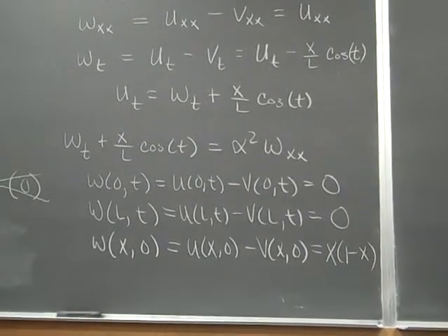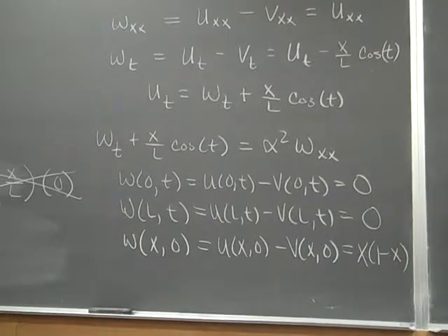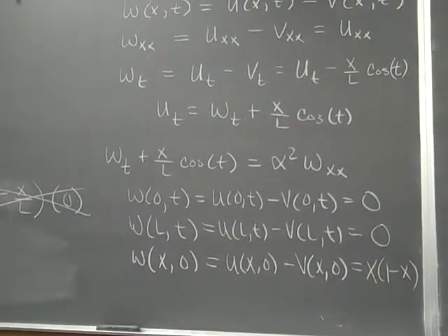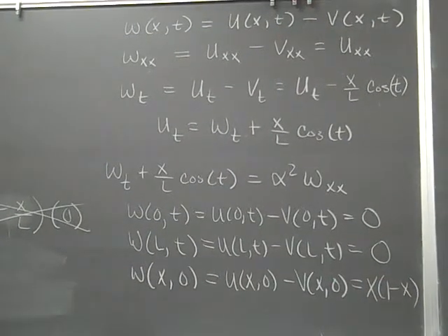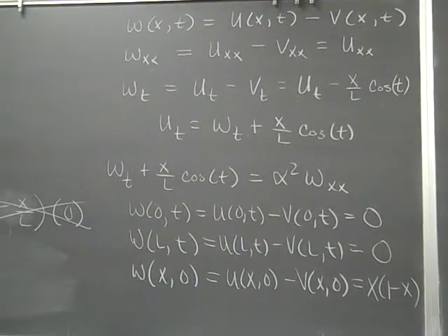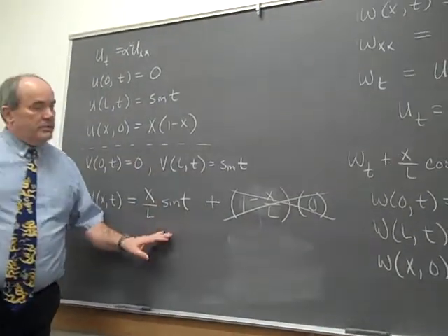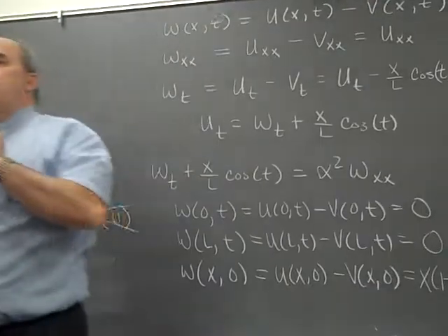That's not always going to happen. If we had chosen this to be cosine of t, then we would have ended up with a new initial condition coming in. So all we can guarantee when going through this process, choosing V this way, is that our boundary conditions are going to come out homogeneous.